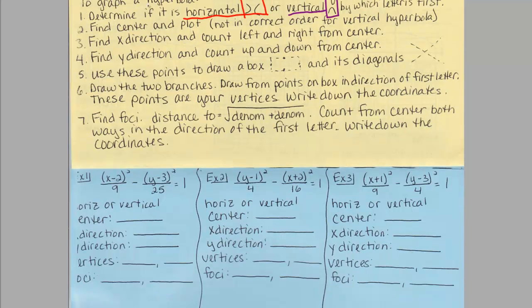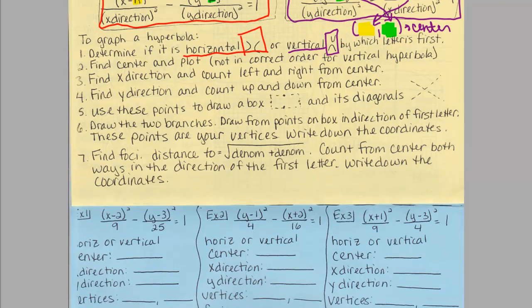The first thing to do is determine if it is horizontal or vertical. And we know the difference is which letter is listed first. In this case, we have x listed first, so it will be horizontal. In this one, everything will be listed the correct way.